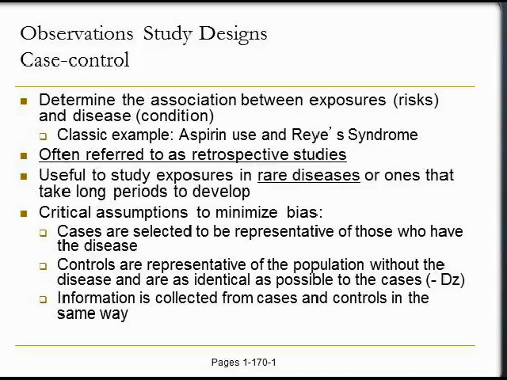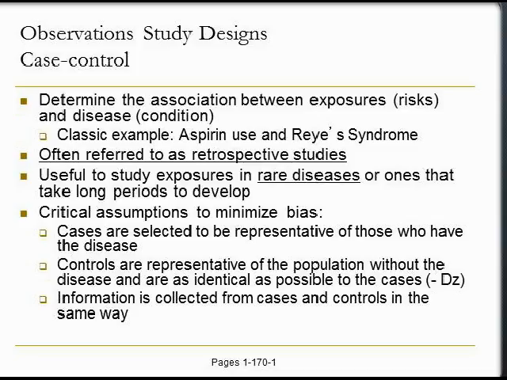Some critical assumptions related to case control studies, in an effort to minimize bias. One is that cases are selected to be representative of those who have the disease, and controls are representative of the population without the disease, but as close in identity to the cases as possible.